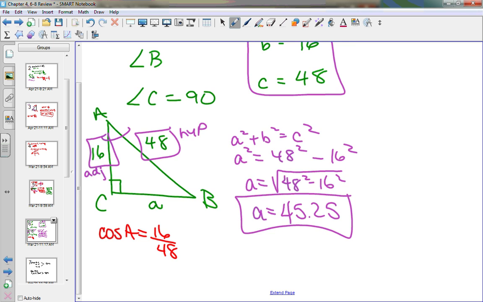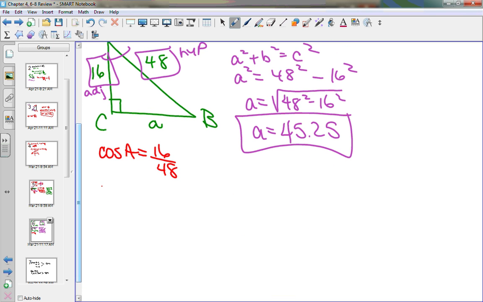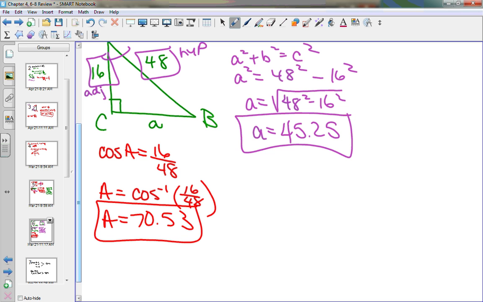So how do I find A? Cosine inverse of 16 over 48. And what is A? 70 point what? So now I found angle A. Does that make sense?